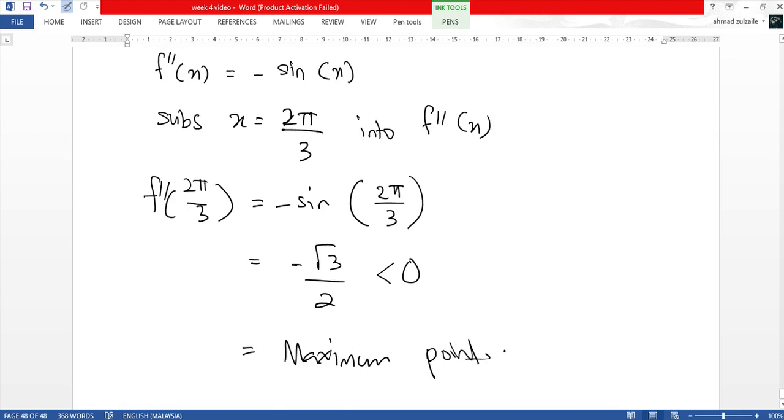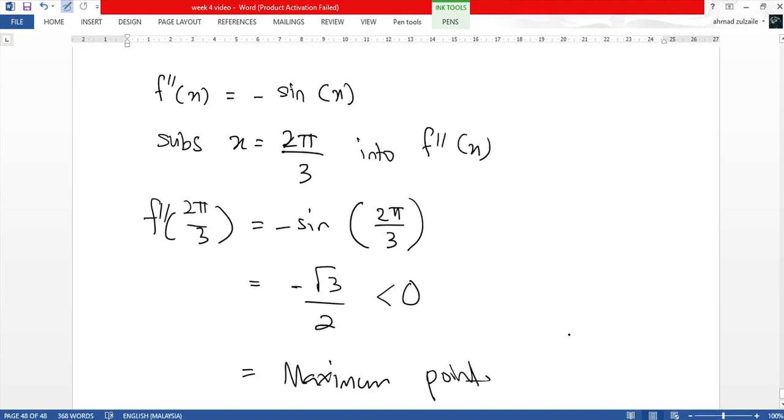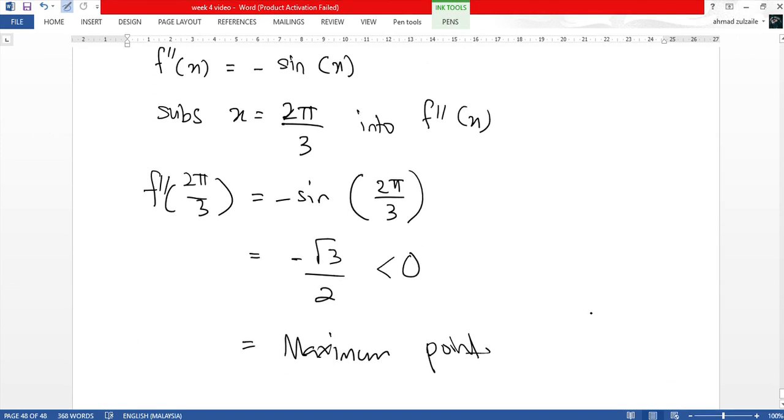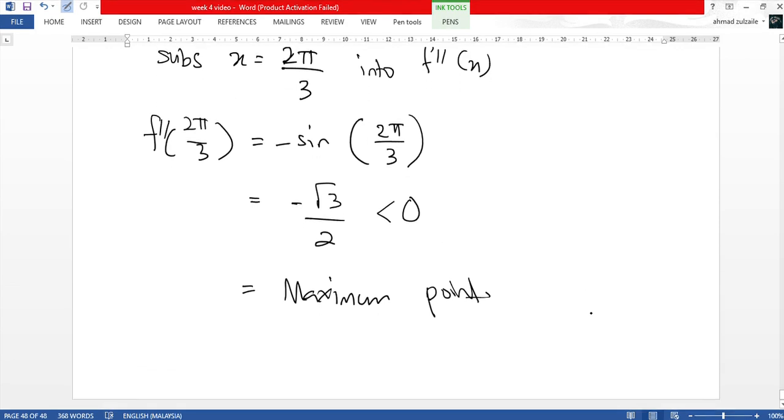Okay, alright. So what is the conclusion that you can make? Okay, so number one, in order to determine whether you have increasing or decreasing or stationary point, use the first derivative test.